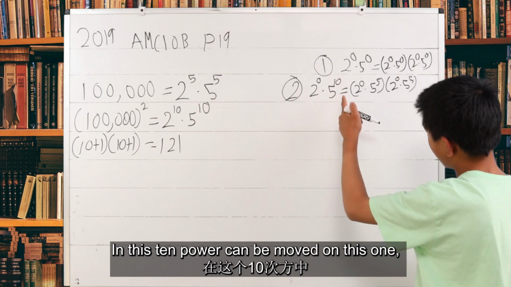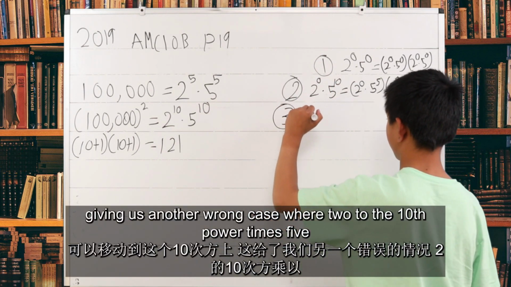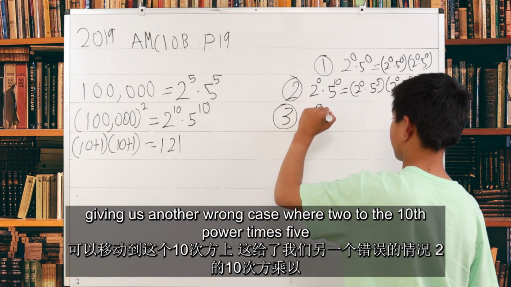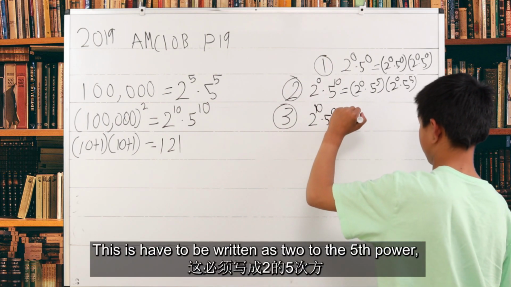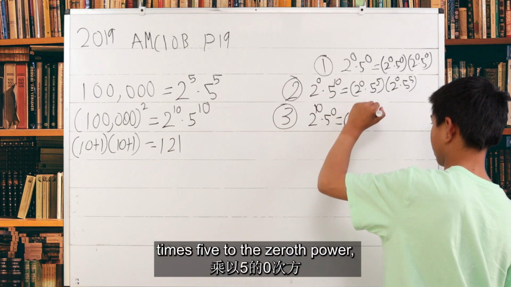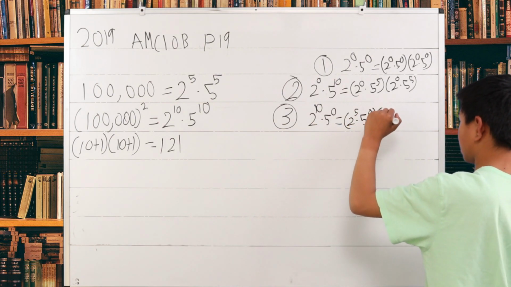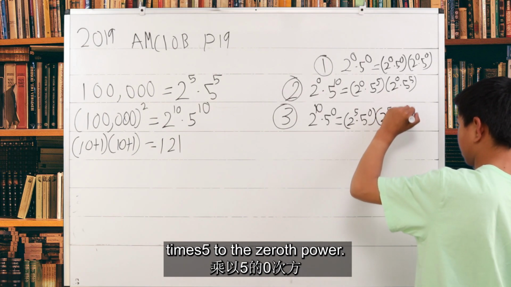Then the 10 power can be moved to the other one, giving us another wrong case where 2 to the 10th power times 5 to the 0th power has to be written as 2 to the 5th power times 5 to the 0th power times 2 to the 5th power times 5 to the 0th power.